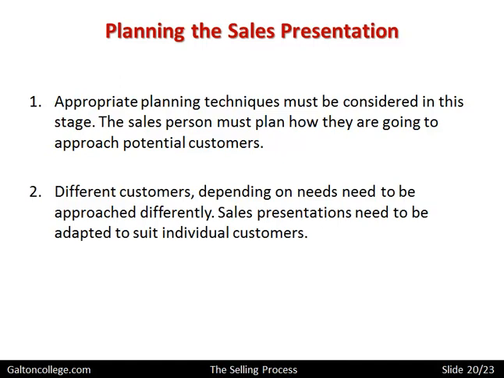Different customers, depending on needs, need to be approached differently. Sales presentations need to be adapted to suit individual customers. So the salespeople, the sales personnel, should have different presentations according to the customers that they're dealing with. And they should in fact be able to switch their presentation styles in the course of their presentation if it's required.